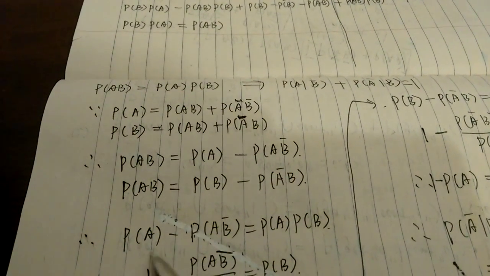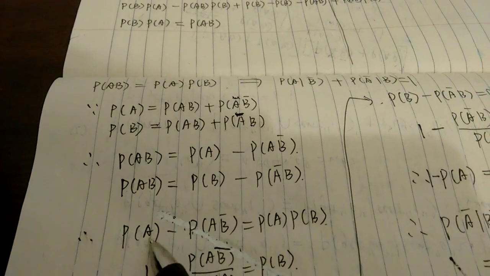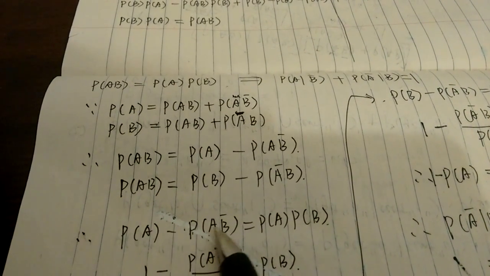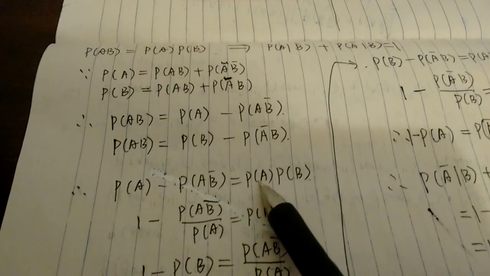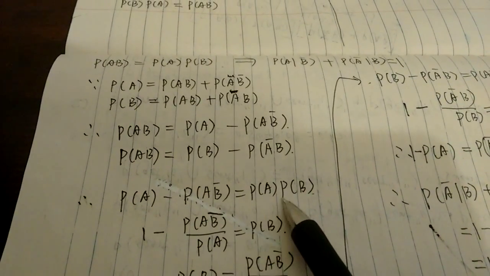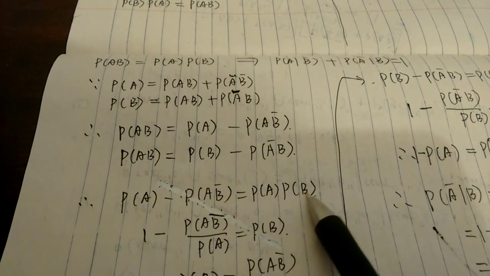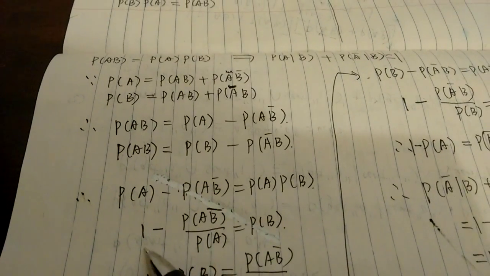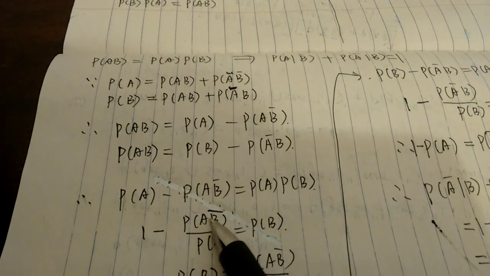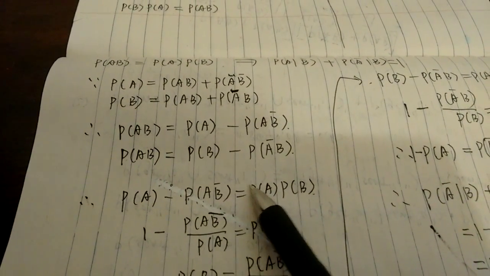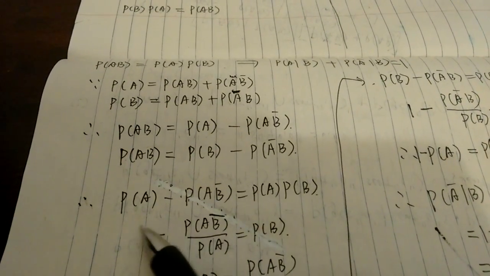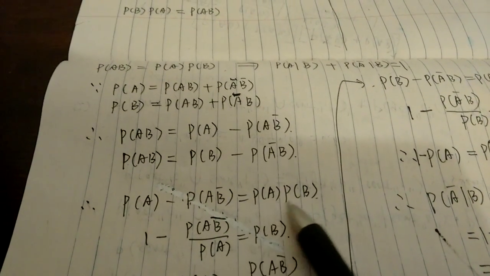We will get probability A minus probability AB complement equals probability A times probability B, and 1 minus probability. So we could divide by probability A on both sides of this equation.